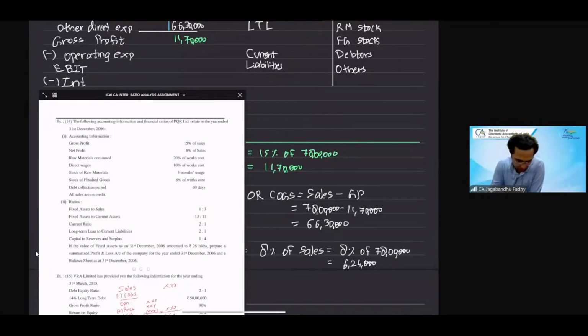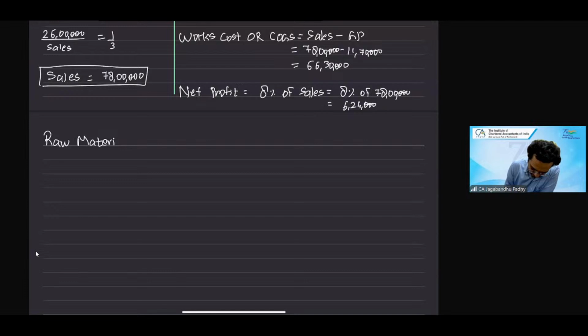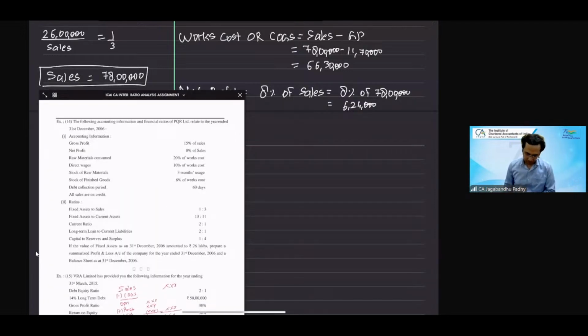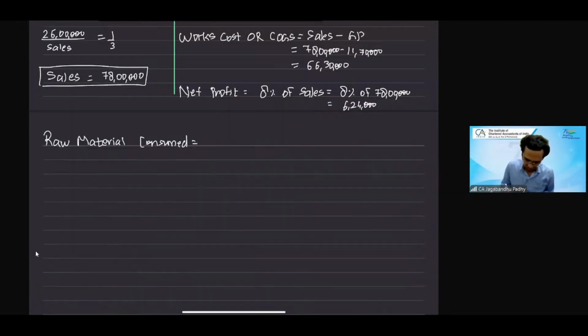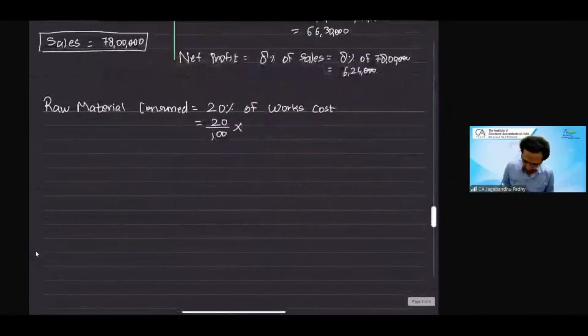Then next one. Raw material consumption is 20% of works cost. So raw material consumed will be 20% of works cost, which is 20 upon 100 into works cost of 66 lakh 30,000.